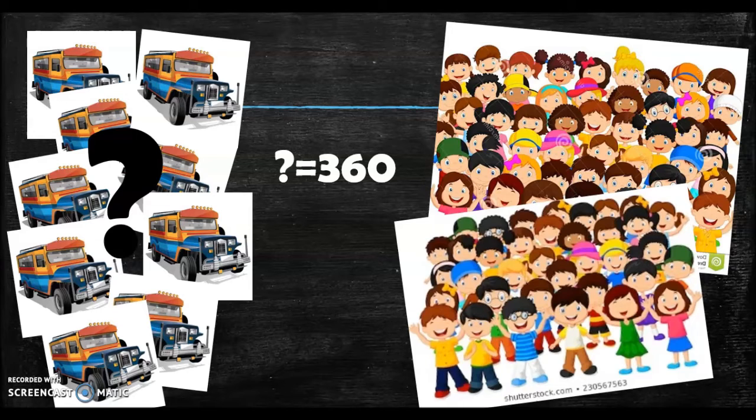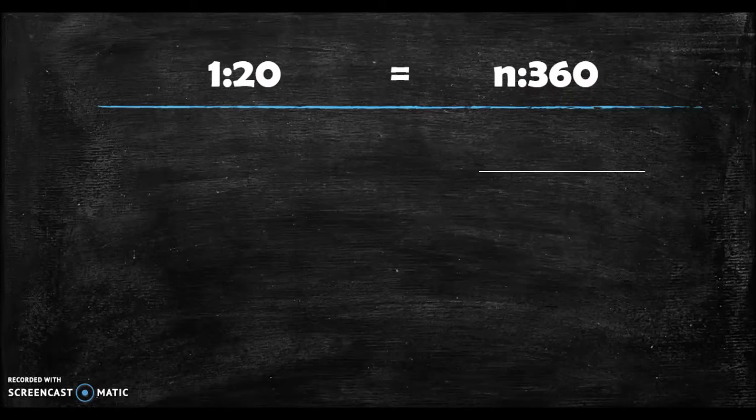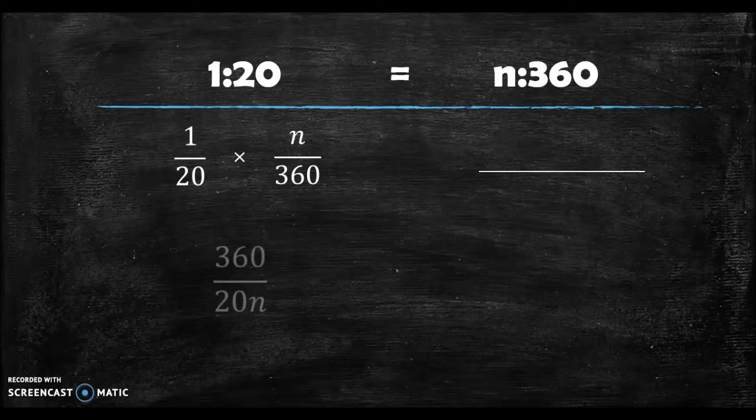To answer this problem, the first thing to do is to write 1:20 is equal to n is to 360. N stands for the number of jeepneys. Then we are going to do cross multiplication. So it will be 1 multiplied by 360 and 20 multiplied by n.